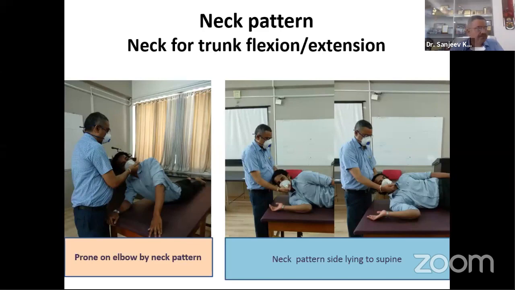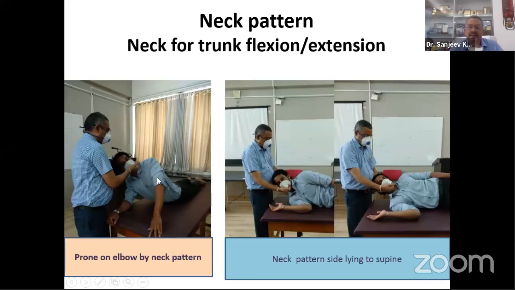So this is one of the methods, one of the patterns. This is another pattern. This pattern I would have shown later on, but in fact let us see it now. What exactly is happening here? The patient was in prone lying. From prone lying, the patient has been brought to prone on elbow, and in prone on elbow you see the grip at the occiput and chin. What is being asked of the patient? The same neck pattern.